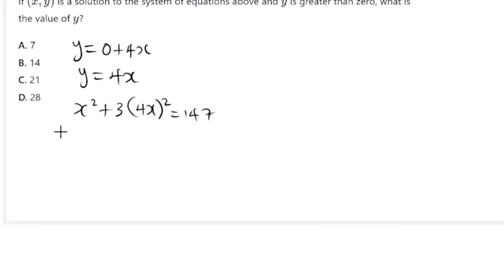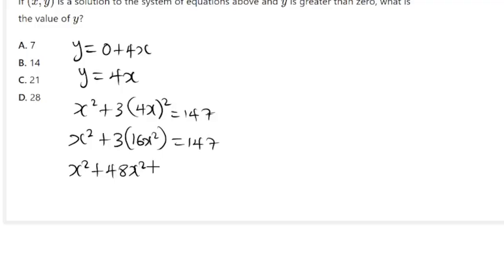Now this becomes x squared plus 3 open bracket, 4 squared is 16, x squared, close bracket, is equal to 147. Therefore x squared plus 16 times 3 is 48x squared is equal to 147.